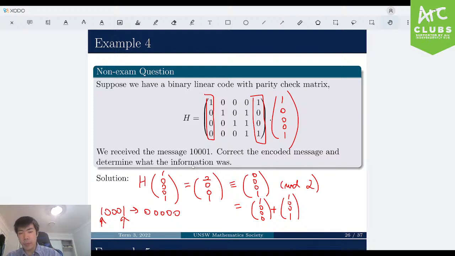The dependent columns are the information bits, and the independent columns are the check bits. In this case, the only dependent column is the last one. The rest of these all have leading terms in each column. And so only the last bit is an information bit, and so the information is just a 0. It's just this last 0 here.